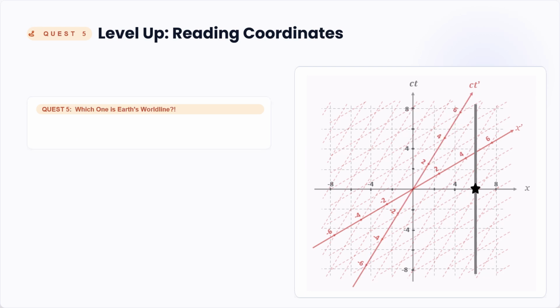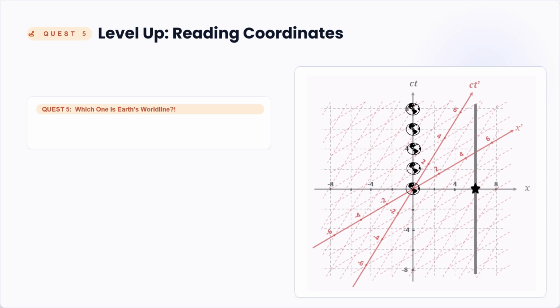Now, for the final question of this set, Quest 5. Let's see if you can spot this in a split second. Which line on this map is the world line of the Earth observer themselves? Here's your hint. An observer stationary on Earth, through Earth's glasses, stays at position x equals 0 no matter how much time passes, right?